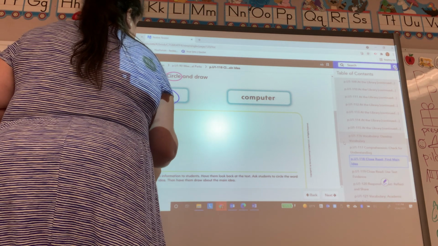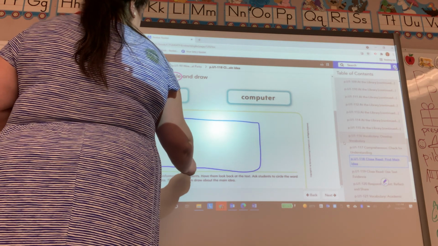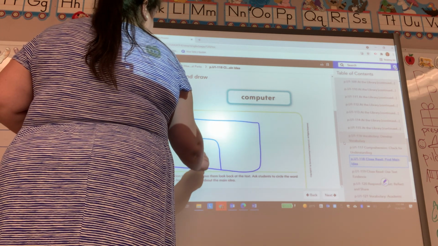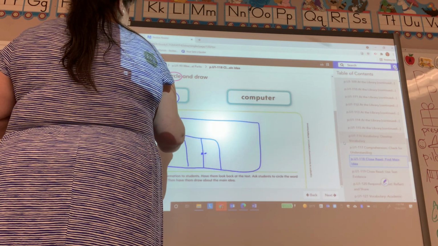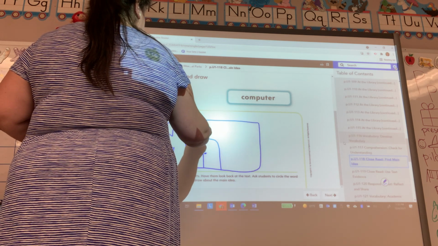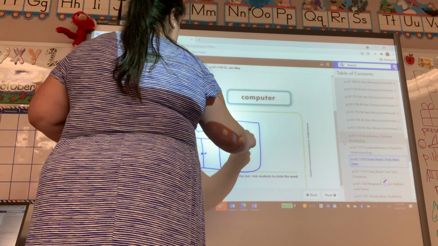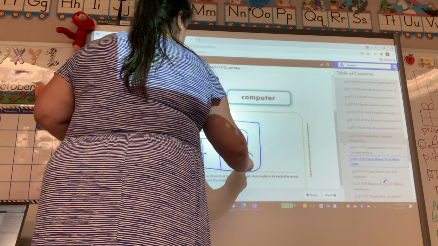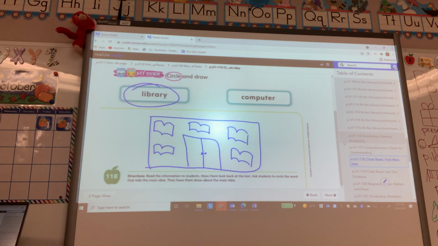So what we did in class was I just drew a rectangle with some doors, nothing fancy. I just want you to try your best. And then I drew some books inside of it. So there's our library with our books, and our library was the main idea.